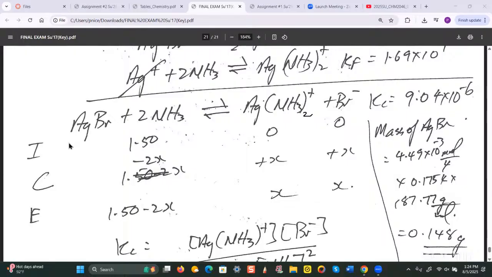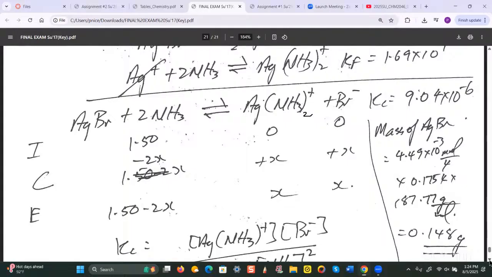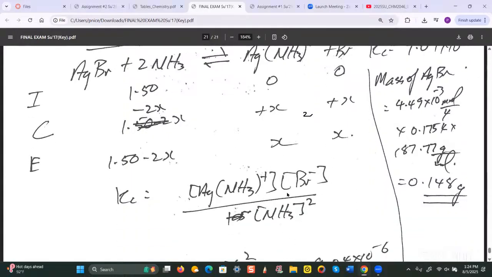So as far as the silver complex and the bromide are concerned, those changes would be X and X as well. And then at equilibrium, you're going to end up with these terms right here: 1.50 minus 2X for the ammonia and X for the complex and for the bromide. And then we set up our equilibrium expression, Kc, that will be equal to the concentration of the complex times the concentration of the bromide, all divided by the concentration of ammonia squared, right?